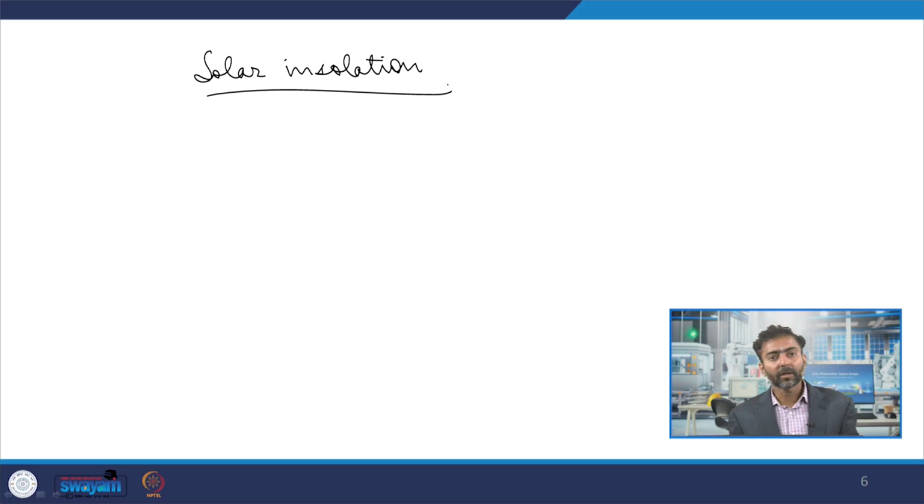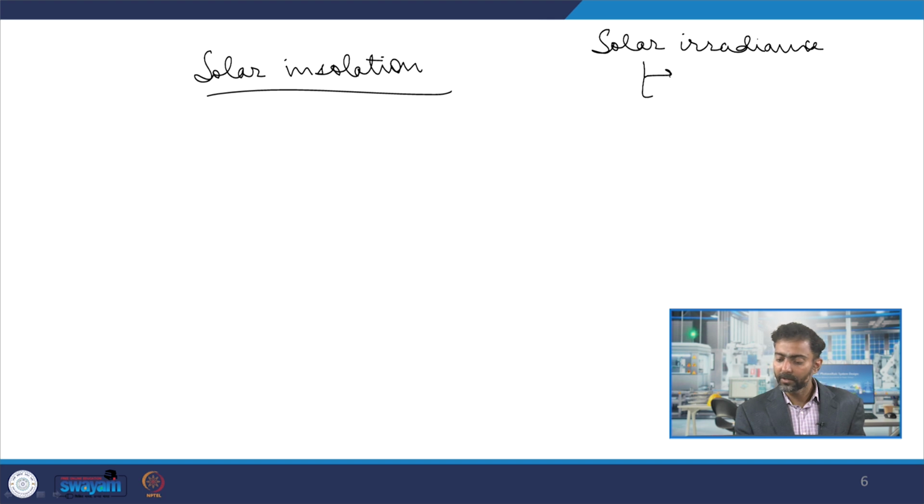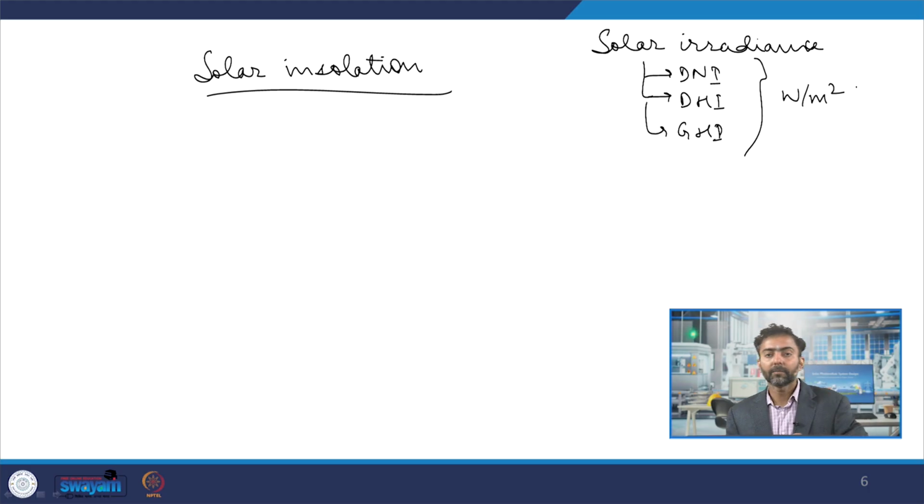So far we have been talking about solar irradiation or irradiance, and when we talked about solar irradiance, we looked at the three components of radiation as well. We looked at the DNI, we looked at the DHI, and also at the GHI. And all these three we saw are measured in the units of watt per meter square, or the incident power density per unit area.